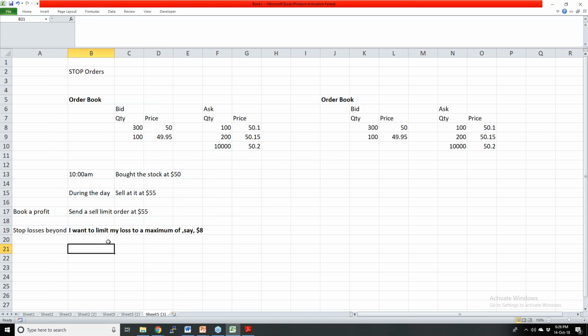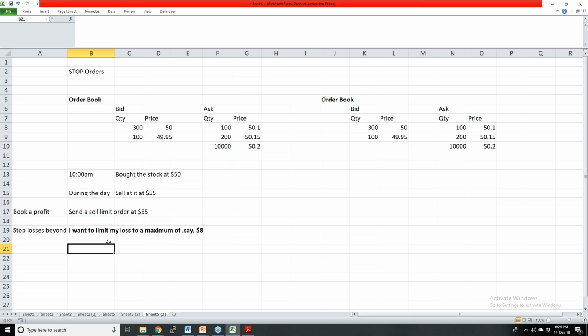Essentially what this is saying is that if the stock falls down to $42, I want to square off my position. I'll take a loss of $8. I want to sell only if the stock is trading at $42. That is all I want to do.